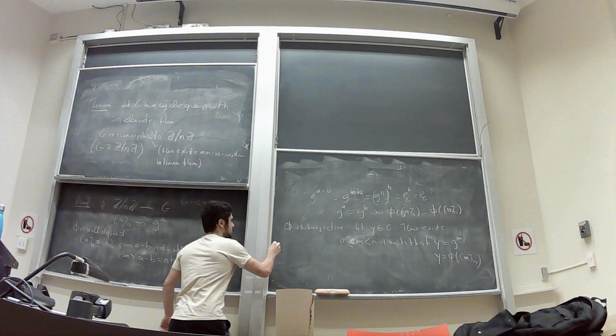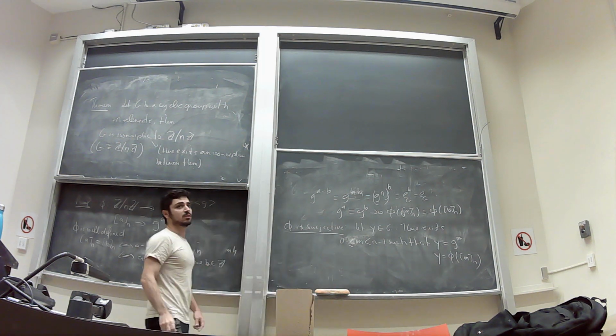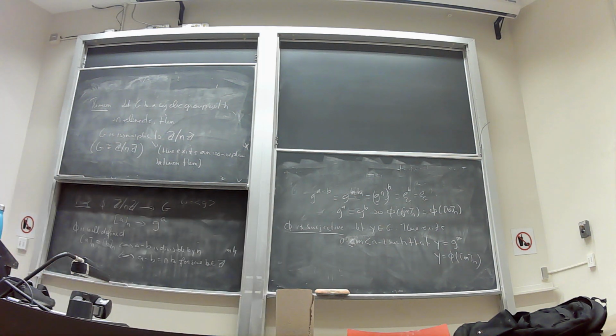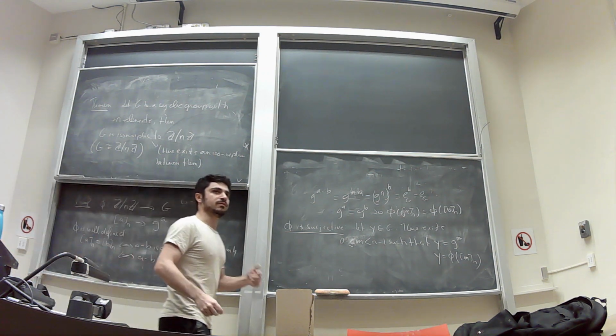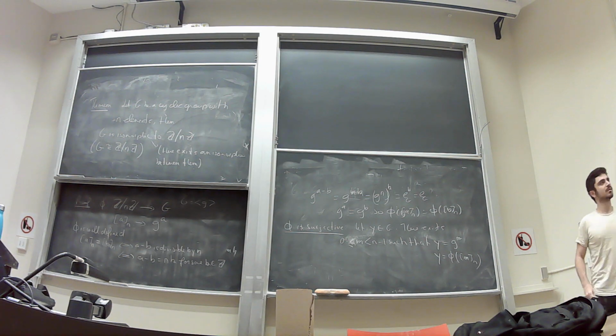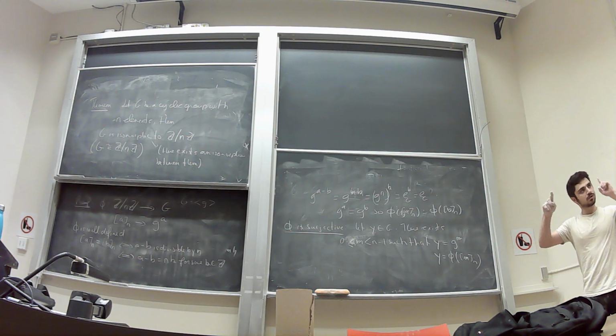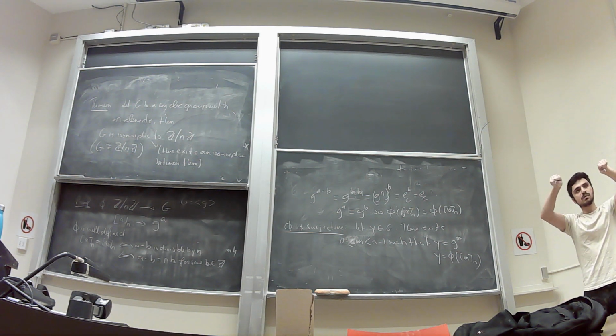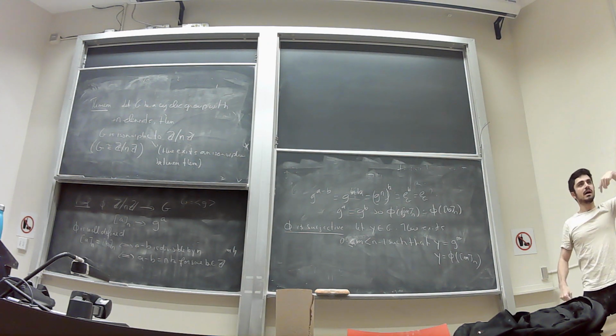Now these two sets have the same number of elements, right? This has n elements, and this has n elements. So if it's surjective, then it must be injective. Think about it: if you have a set with n elements and a set with n elements, and the function is surjective, then it must be injective, and if it's injective, it must be surjective.